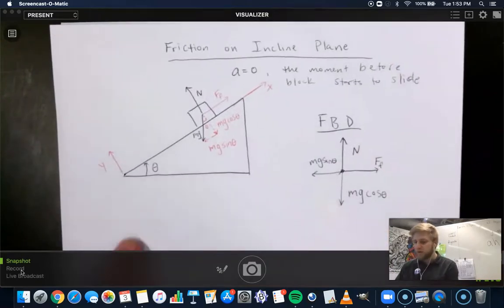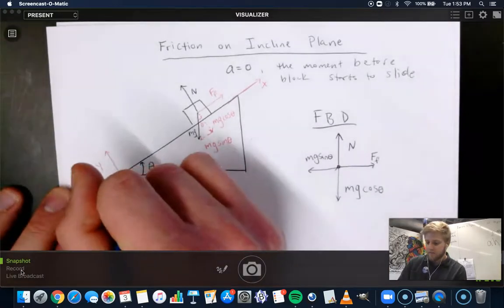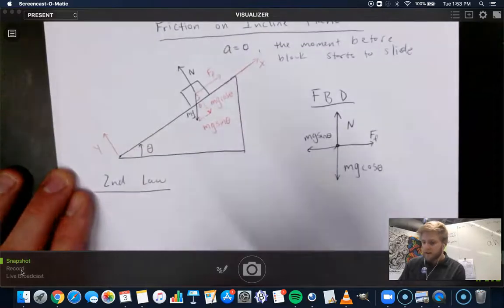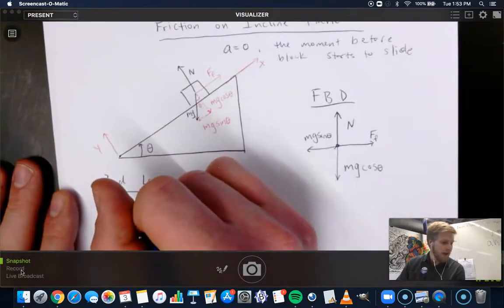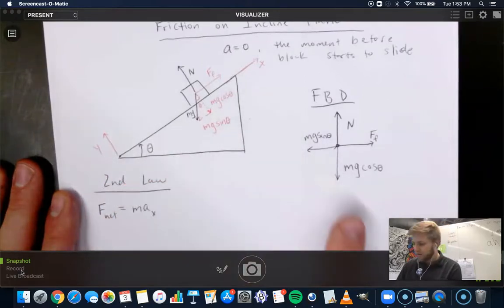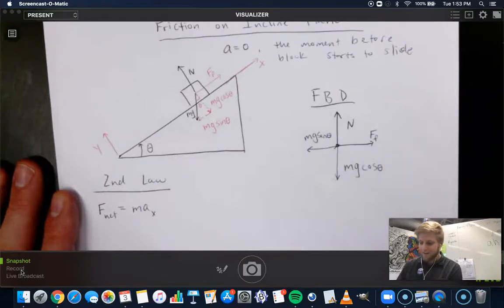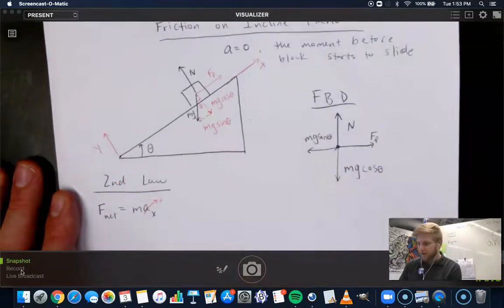And of course, as we've been doing, what we're going to do is translate that into Newton's second law. So what we want to do is look at the net force. That equals, of course, ma. Let's do that in the x direction first. So that's the force of friction and the weight force that's going down the incline. Because it's just started to budge, we're going to say that the acceleration in that direction is 0.